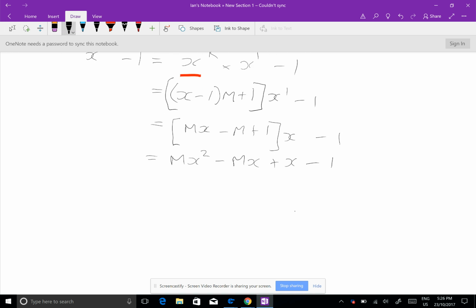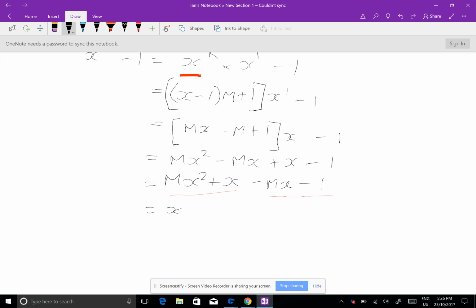Now, I want to get the m out. So I'm going to do this. Watch this. This is pretty tricky. Mx squared. I'm going to pull this x over here. Minus mx minus 1. Now look at this. If I take the x out of that and the minus 1 out of that, I'll get m plus 1 as a factor.